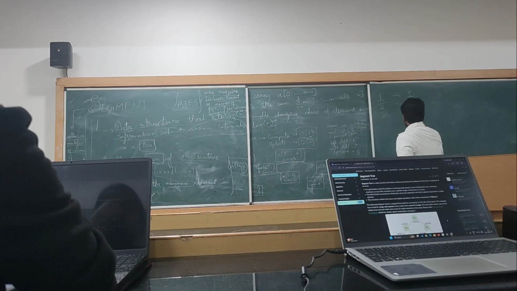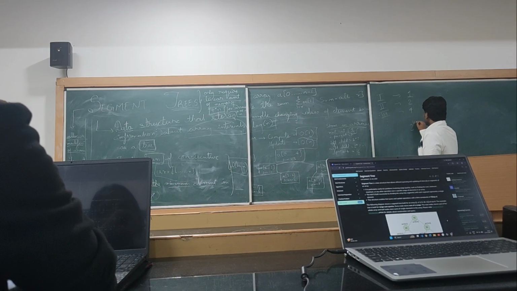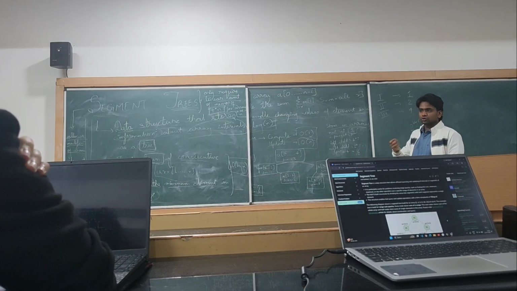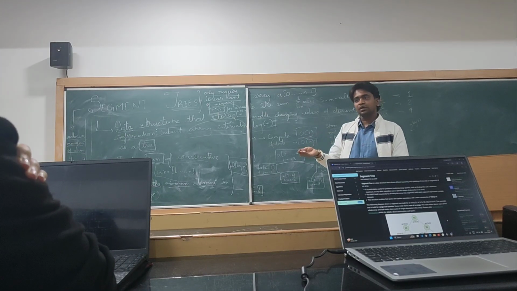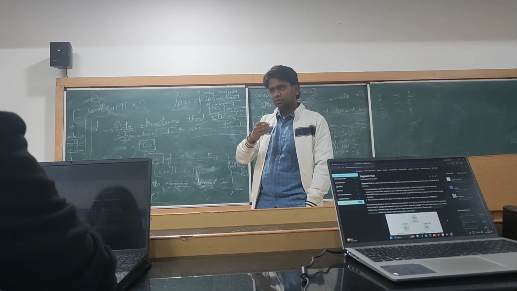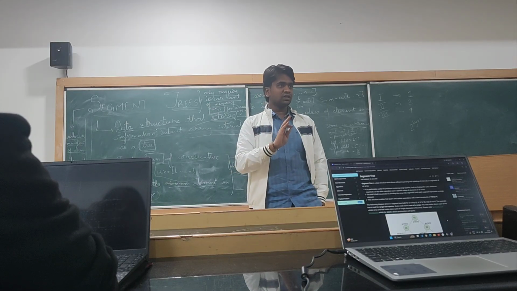Since this is in powers of 2, can I write the last as 2 to the power log n? 2 to the power log n, base 2, is nothing but n. Everyone clear?